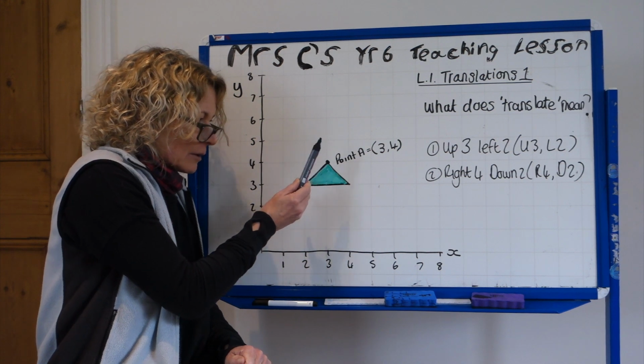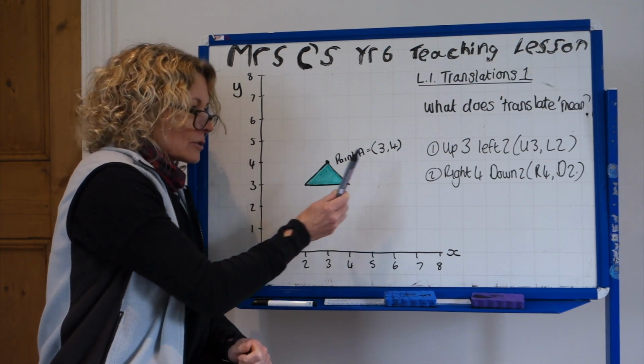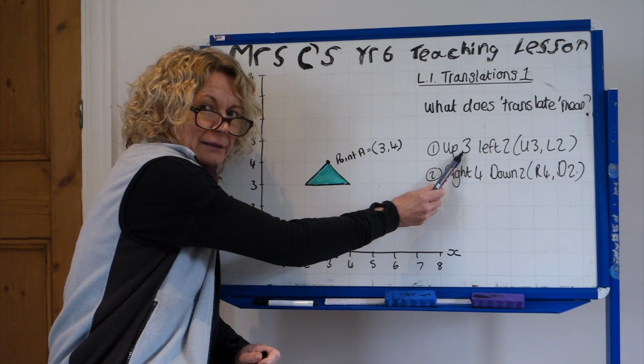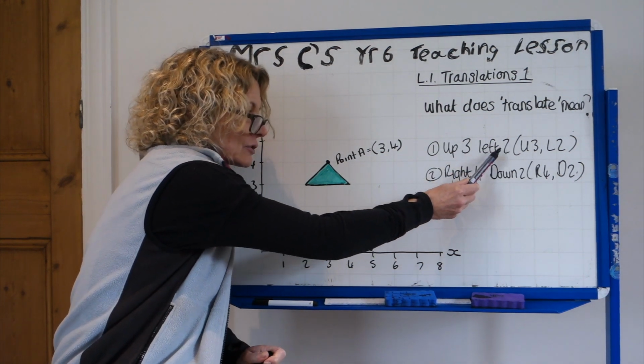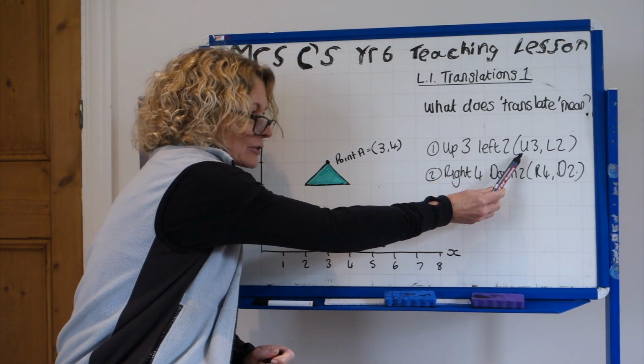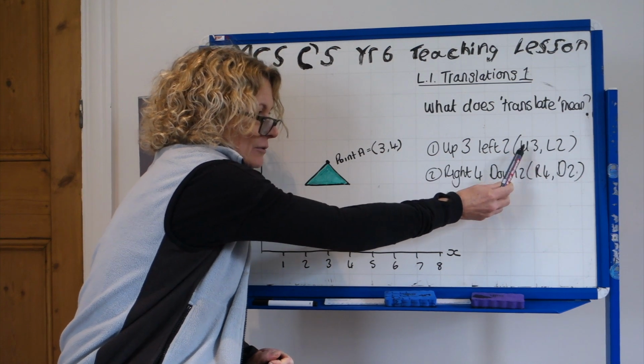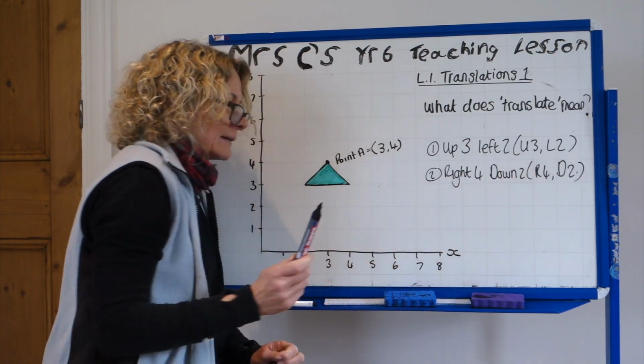Okay? So, point A is going to move up 3 and then left 2. And we're going to write that as U3, L2. So this is the first instruction and this is the second.